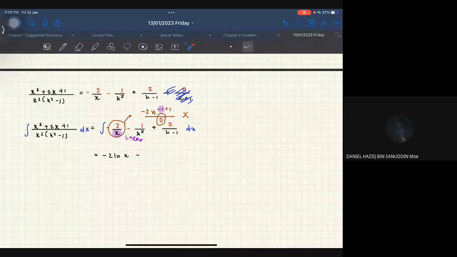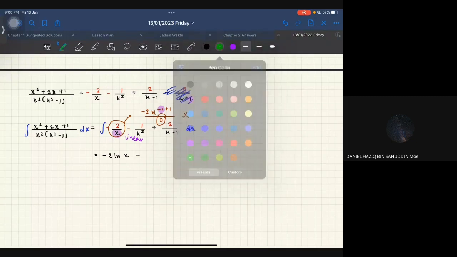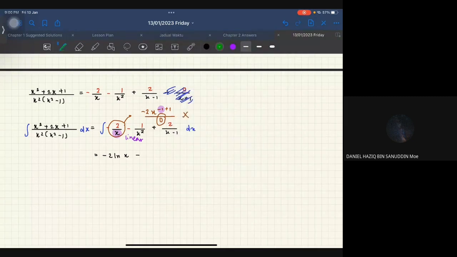Okay, what about the second term? Second term yang ni jadi apa bila kita integrate? What do you get when you integrate 1 over x square? Cepat. 1 over x square is actually x power of negative 2 kan?